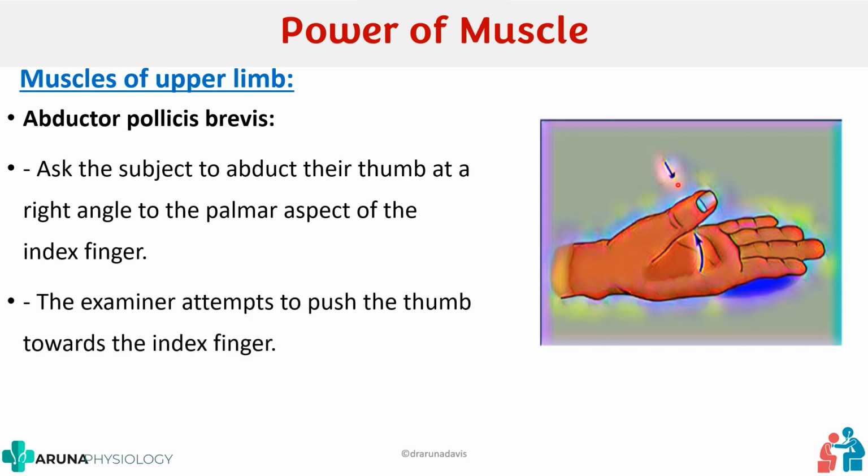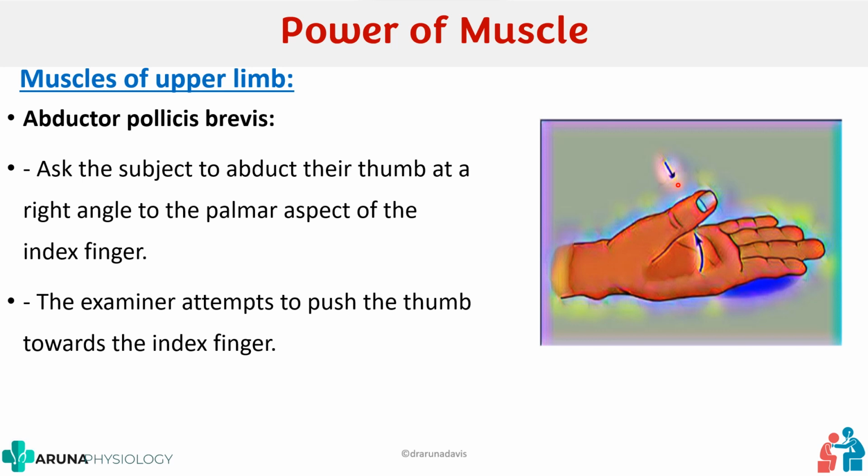Okay. So you ask the subject to abduct the thumb in a plane perpendicular to that of the palm, while the examiner applies resistance in the opposite direction. The basic principle of examination of power is that the patient will try to do the action of that muscle. For abductor pollicis brevis, the action of the muscle is to abduct the thumb. The patient just has to do the action of the muscle, but the examiner will oppose it.